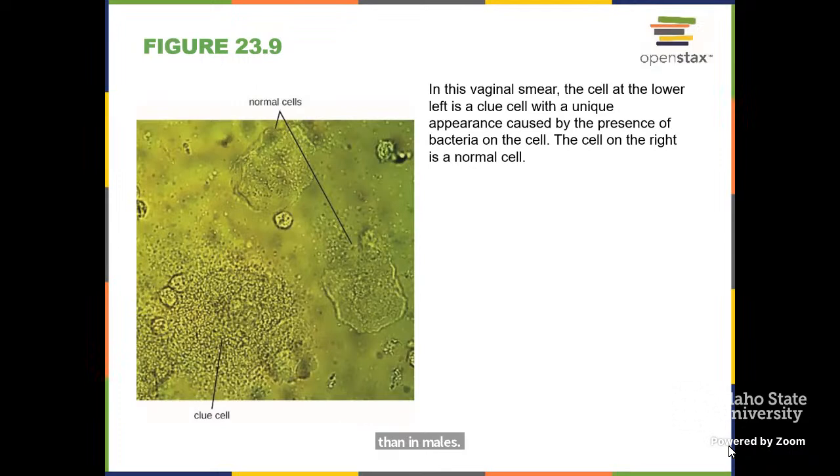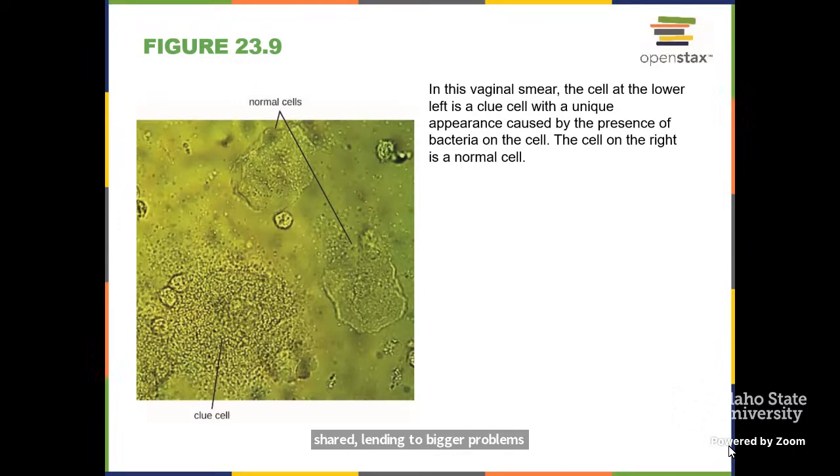Oftentimes in females, it's more common to be symptomatic than when we think about some of these infections in males. Not that they aren't going to be symptomatic, but there are oftentimes circumstances where we see that being a little more of a situation. And in those circumstances, when we think of these as sexually transmitted infections, when individuals are asymptomatic, you don't know that that's going on in the first place. And that sets the stage for it to be shared, lending to bigger problems.